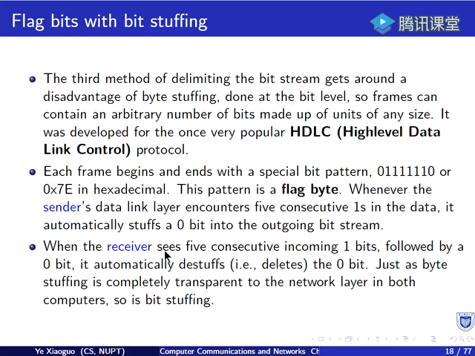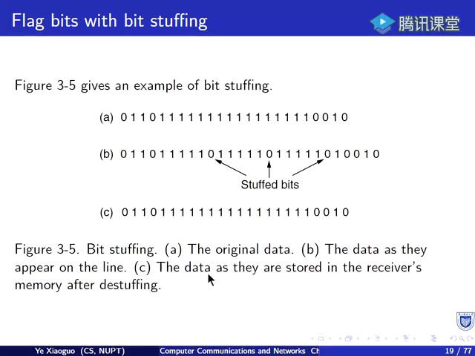Then when the receiver sees 5 consecutive incoming ones followed by a 0 bit, it automatically destuffs, deleting the 0 bit. So the receiver then gets the original bit stream, without any bit stuffed in the bit stream.